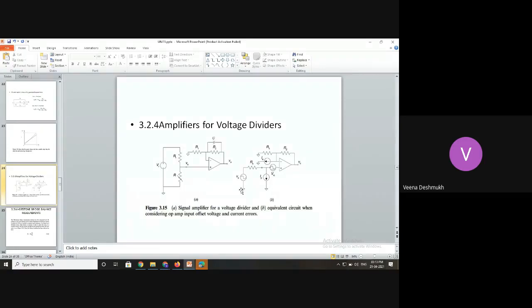If I have 1 volt at the sensing level or the sensor input, then with 1 plus R2 by R1, if R2 is 10K and R1 is say 1K, then how much gain do I get? 11 into whatever is the input. Here I have taken it as 1 volt. So 11 volts will be my output.